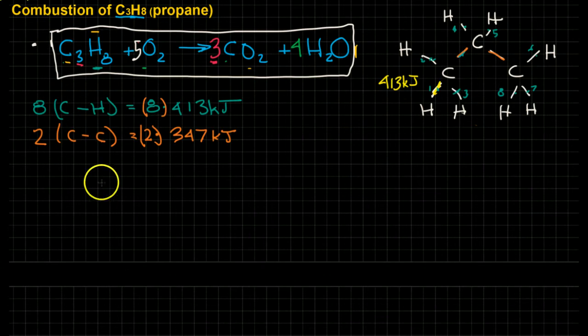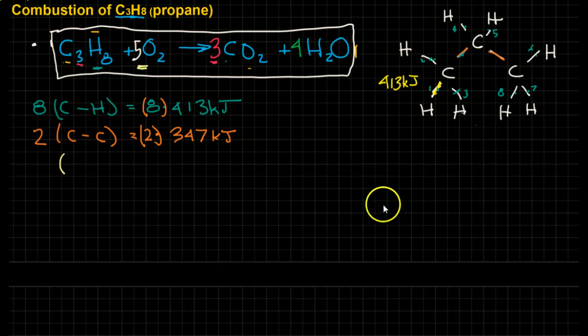That'd be great. Okay. So next, I've got O2 bonds I need to break up, and those are a double bond. Is that right? Let me think about that. Yeah, that's going to be a double bond.